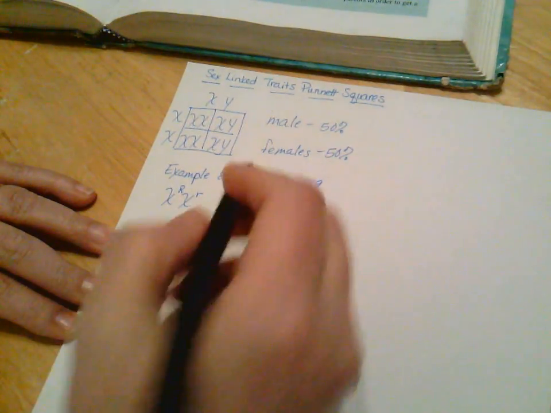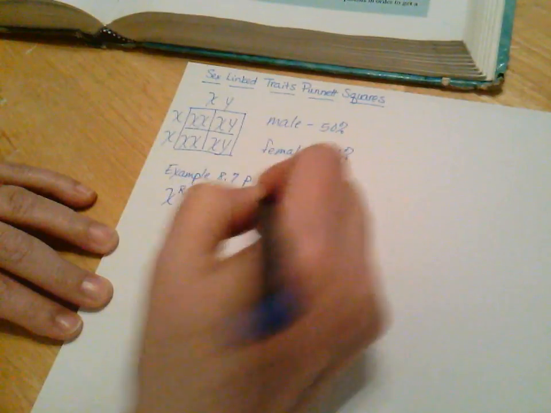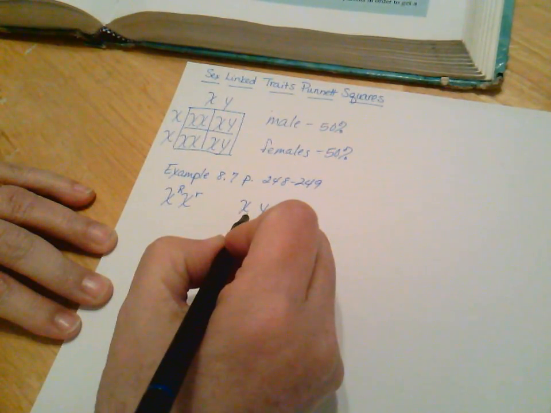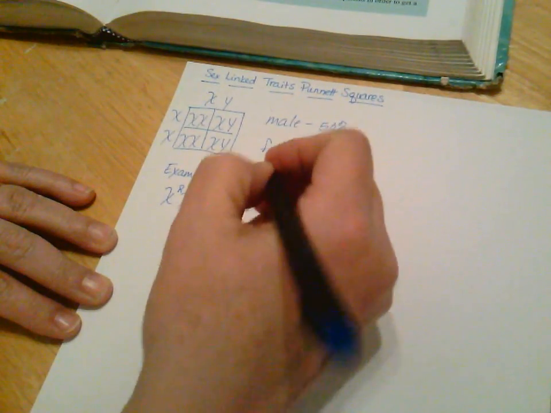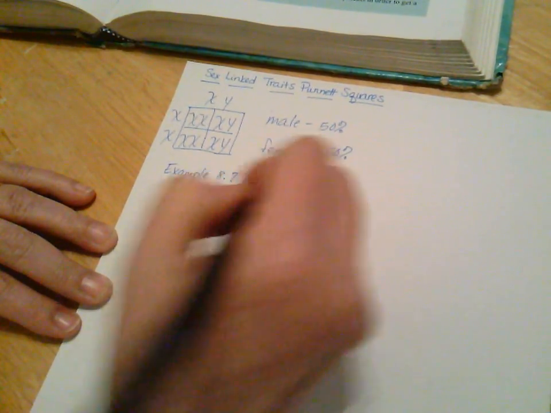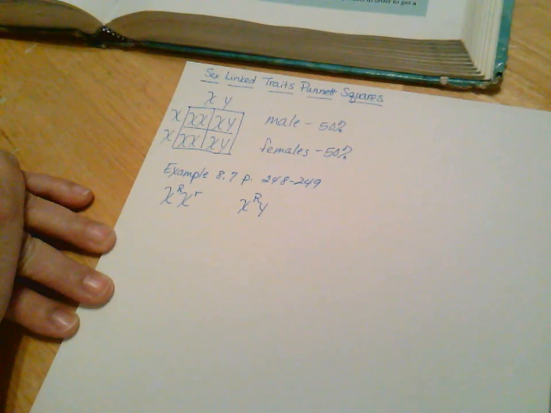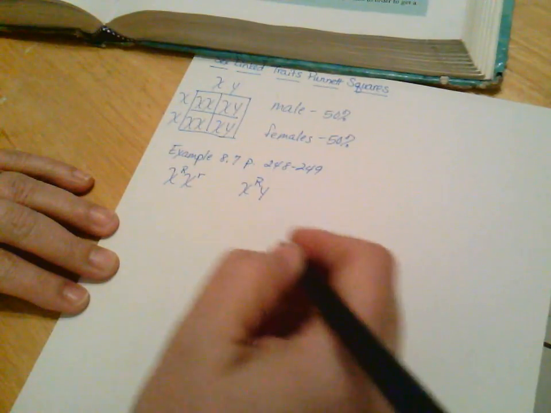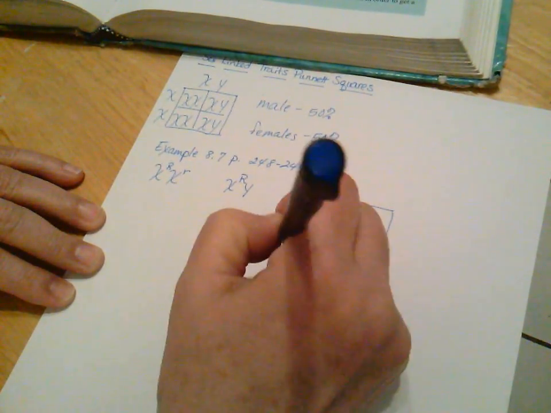Then the male we're going to make X and Y because he is male, and he is also red-eyed. The only place his genetics are carried is on the X chromosome, so right here is where you would write his big R. And then we do a cross between the male and the female.